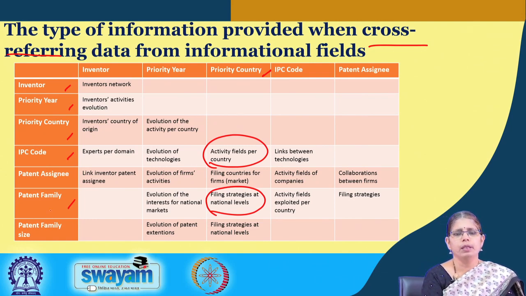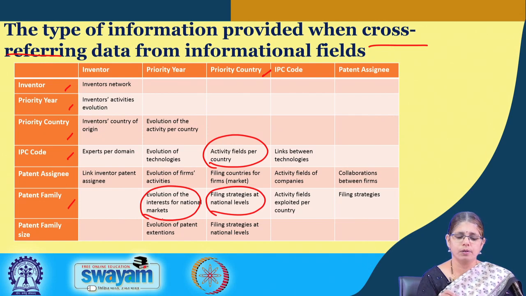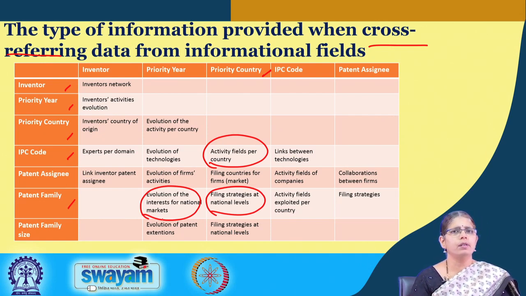Another aspect of looking at, let us say, patent family and priority year would be to look at the evolution of interest in the national markets. So, unless there is a need for the product in a market, that particular geography would not be selected for filing. So, these insights are provided from the cross-reference information that one can do in relation to patent landscape analysis.